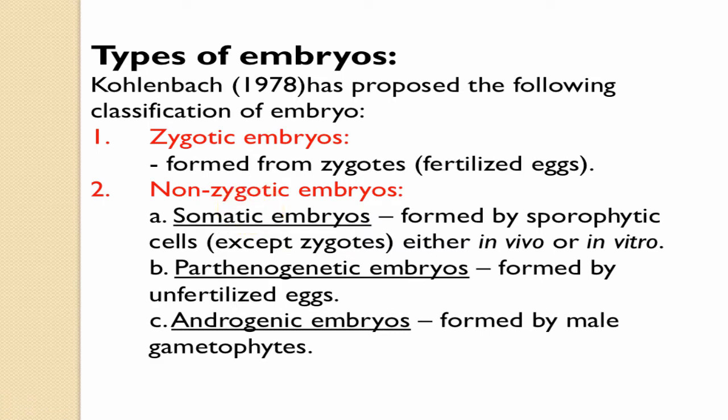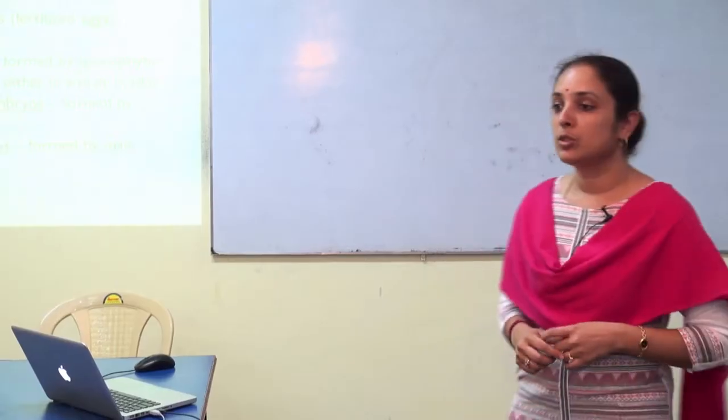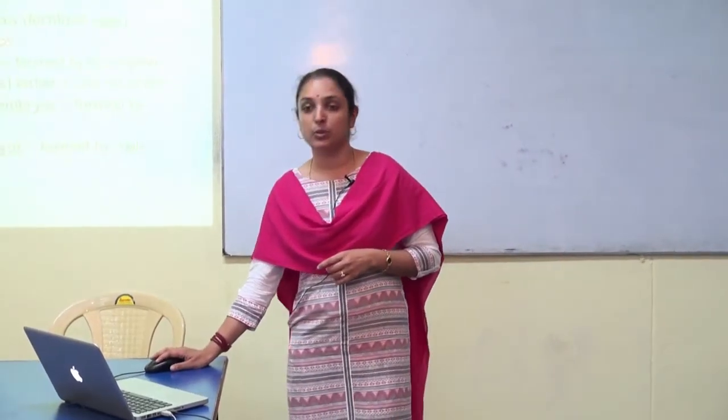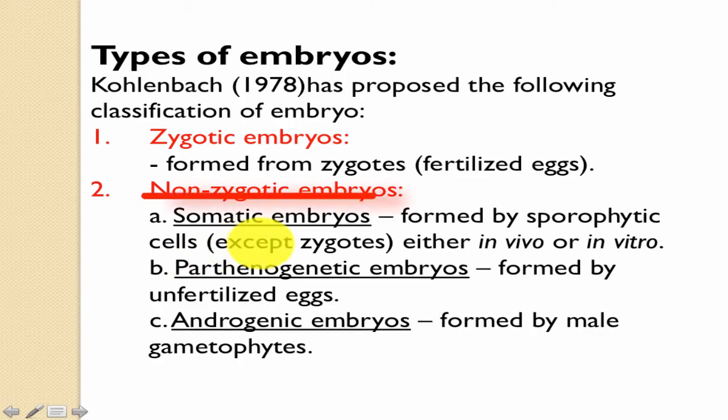Today we need to talk about somatic embryos, so we need to understand whether it is a zygotic one or non-zygotic one. So somatic embryos are the embryos which are derived from somatic cells, okay?